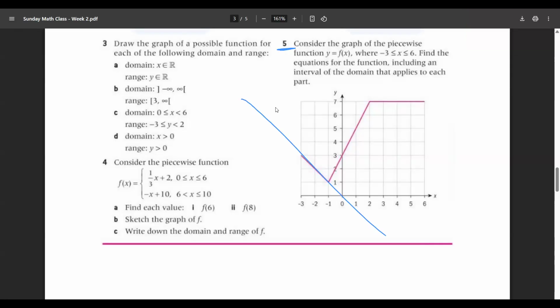So then I have to find it for all 3 of them? Yeah, the 3 lines. You can send me the answers one by one.